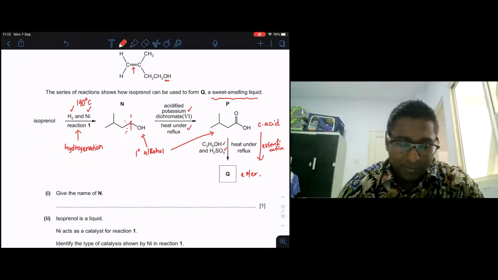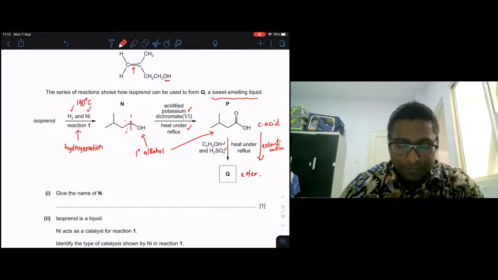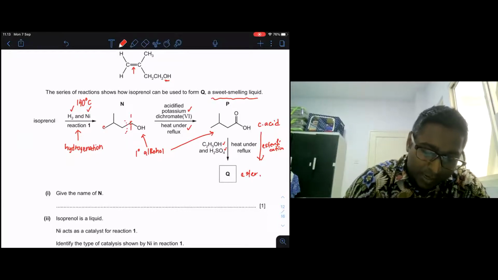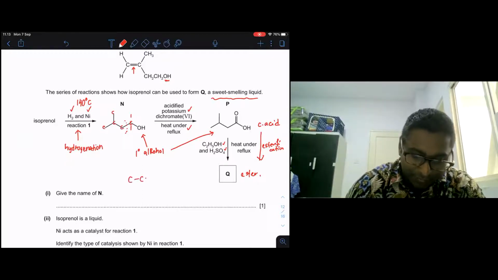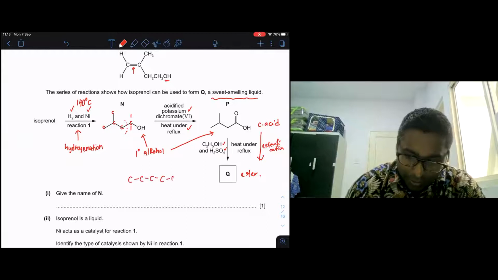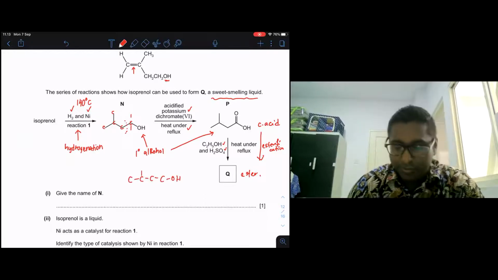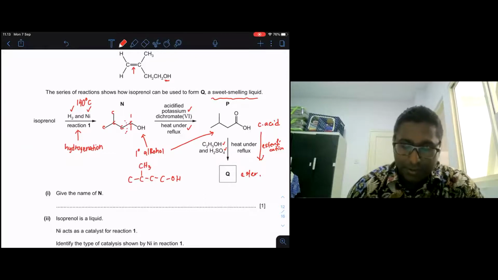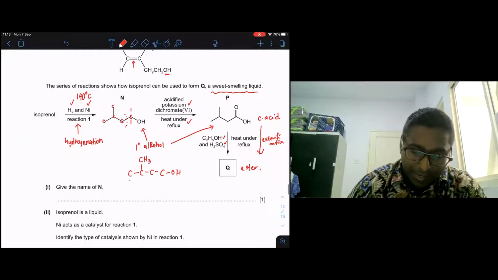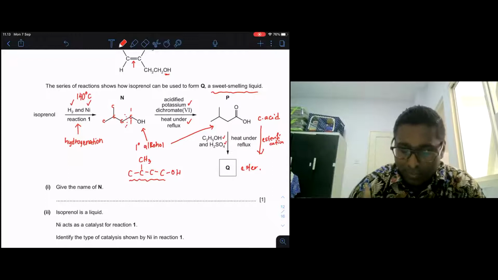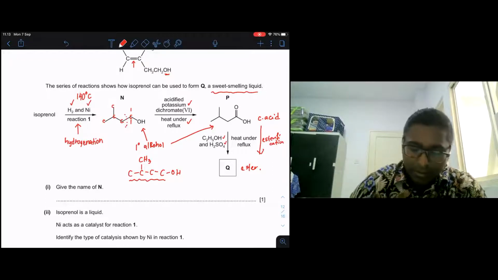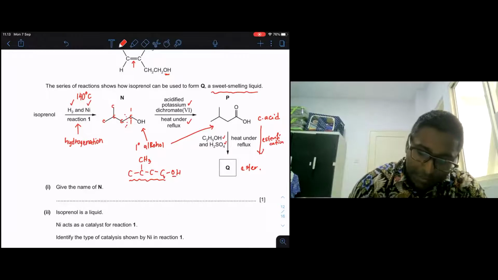Now this one is quite simple. If I want to give a name and you're still confused, please put all the carbon. So it's going to be 4 carbon, OH, and then there's another carbon over there, which is going to be the CH3. The longest carbon chain that I have is butan, or butanol, with OH attached to carbon number 1.